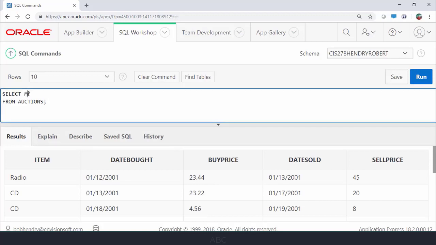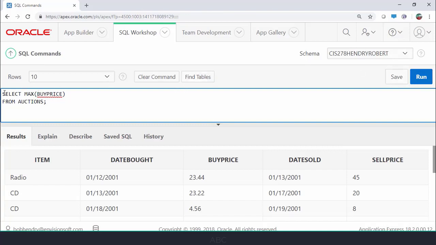We could say something like this. We could say select max, and then we put in the name of the column, which is buy price, from auctions. So what this does is, again, we're not interested in looking at the result set for anything. We just want to see what the maximum buy price is for anything that we bought in auctions.